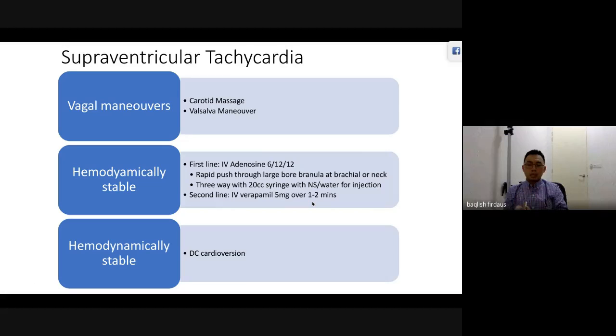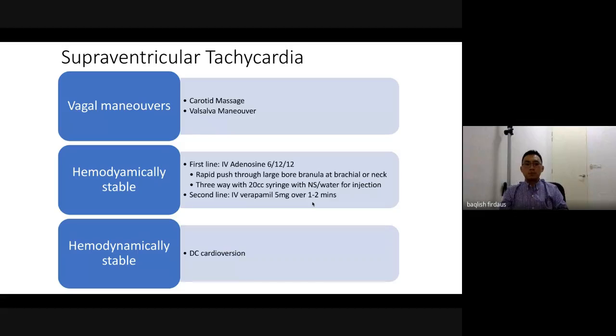For the side effects of adenosine, you must be aware that the patient can develop arrhythmia and also bronchospasm. Some people say IV adenosine is contraindicated in patients with asthma, but usually the half-life of adenosine is very short, so usually I just give it.